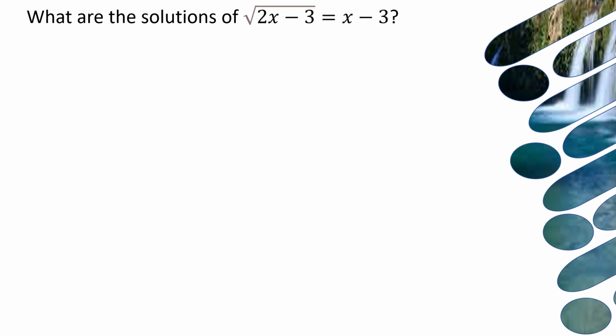Next question. What are the solutions of the square root of 2x minus 3 equals x minus 3? So we are going to find the solutions of this radical equation here. We have to rewrite first the square root of 2x minus 3 equals x minus 3.